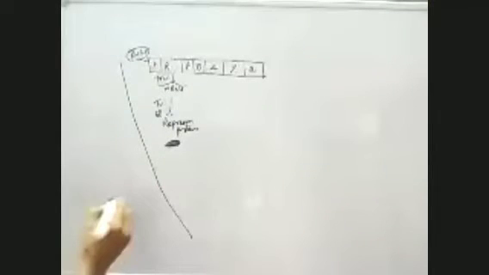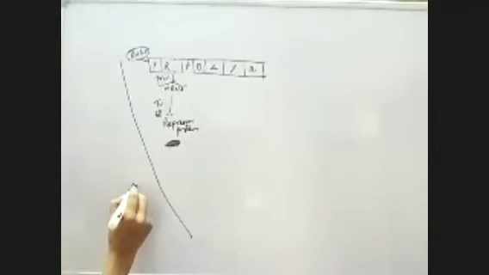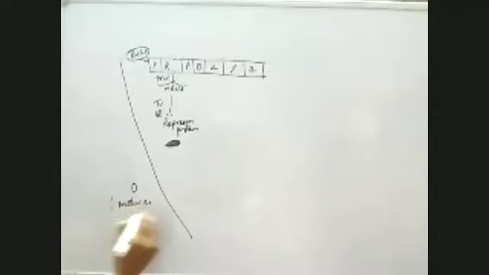Repressor protein is like this. Inducer is present here. The inducer in this case is lactose. Lactose is the inducer. So this has to enter in.